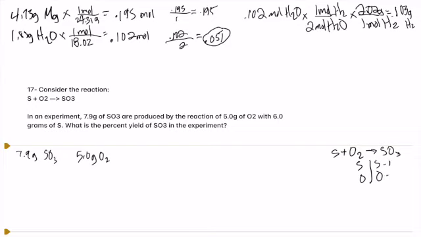So the first thing that we're going to do here is take a look at our equation. It is not balanced, so we're going to go ahead and balance our equation. You're familiar with this already from earlier. So we end up with a coefficient of 2 on the right.